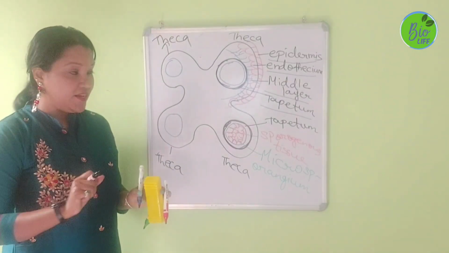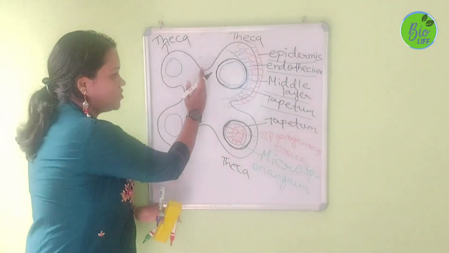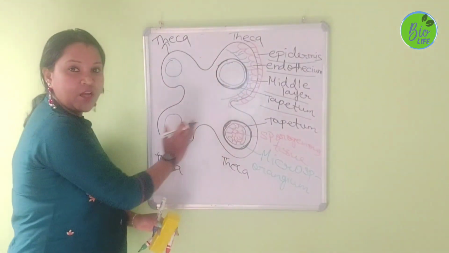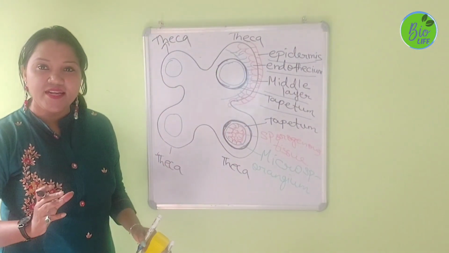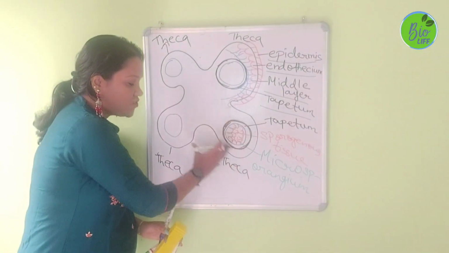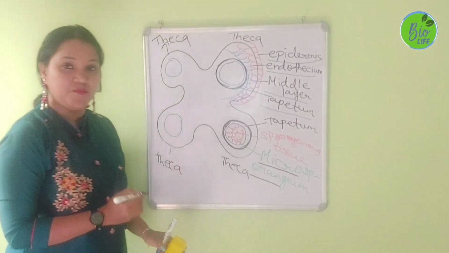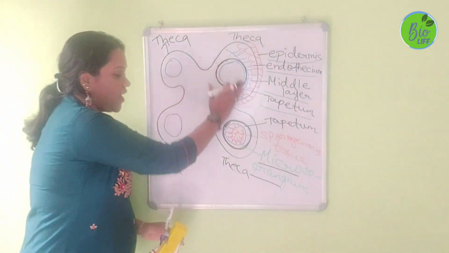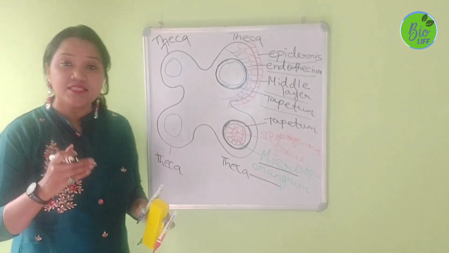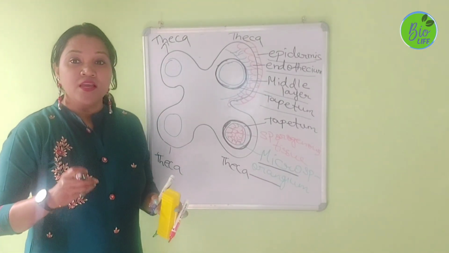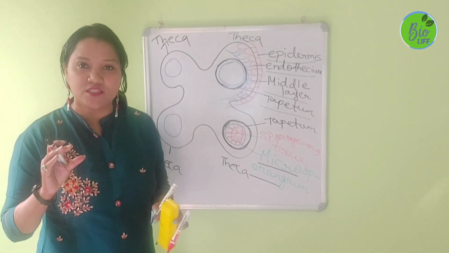So once again, the anther is bilobed. Each lobe consists of 2 theca, so total 4 theca are there. Inside that theca, some round-like structure is present that is called microsporangium, so 4 microsporangia are present. Inside that microsporangium, the group of cells present is called sporogenous tissue.